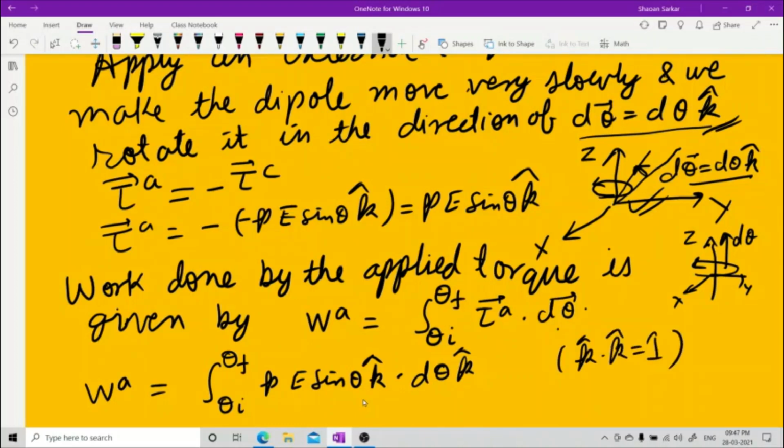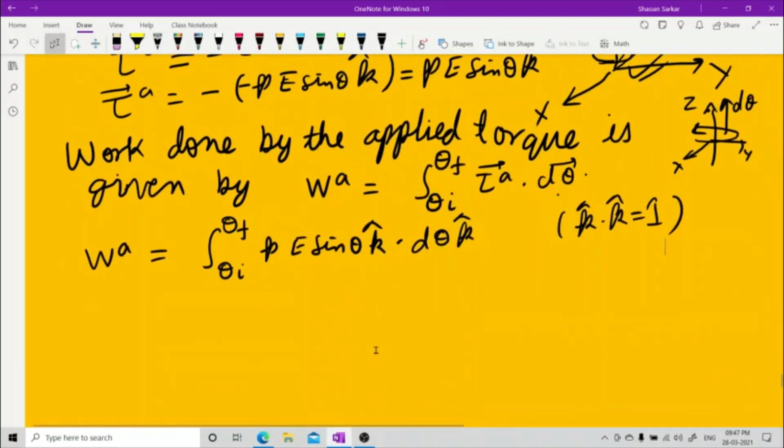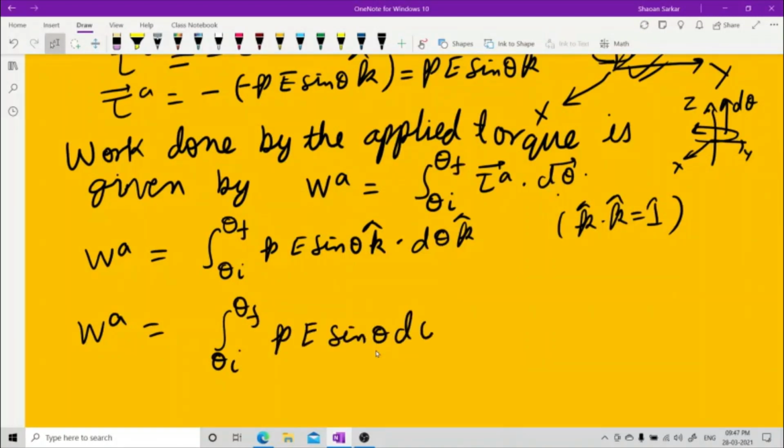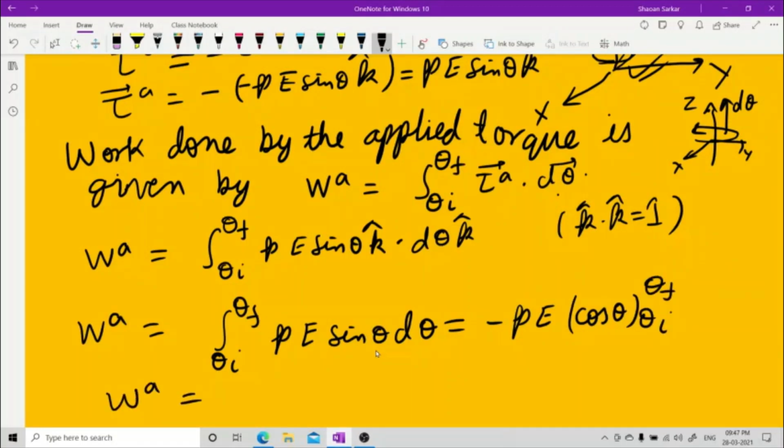So W applied is the integral from theta initial to theta final of PE sine theta d theta. Now let's integrate: this is minus PE cos theta, lower limit to upper limit. So W applied is equal to minus PE times cos theta final minus cos theta initial.